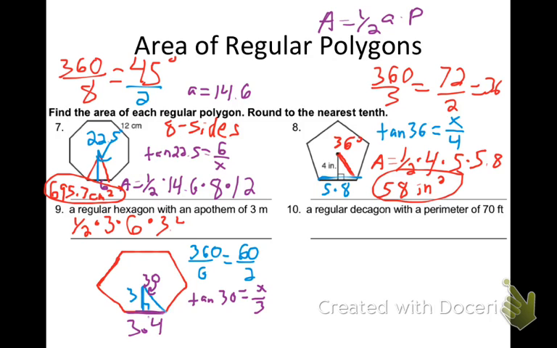Times 3.4. So 1/2 times 3 times 6 times 3.4 gets me my area, to the nearest 10th. My area is approximately what, Mr. Nault? 30.6 meters squared. Nice job.